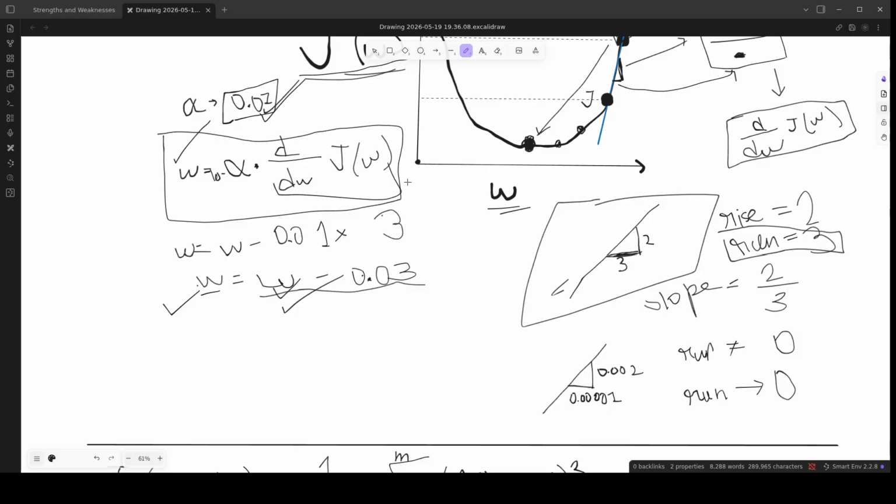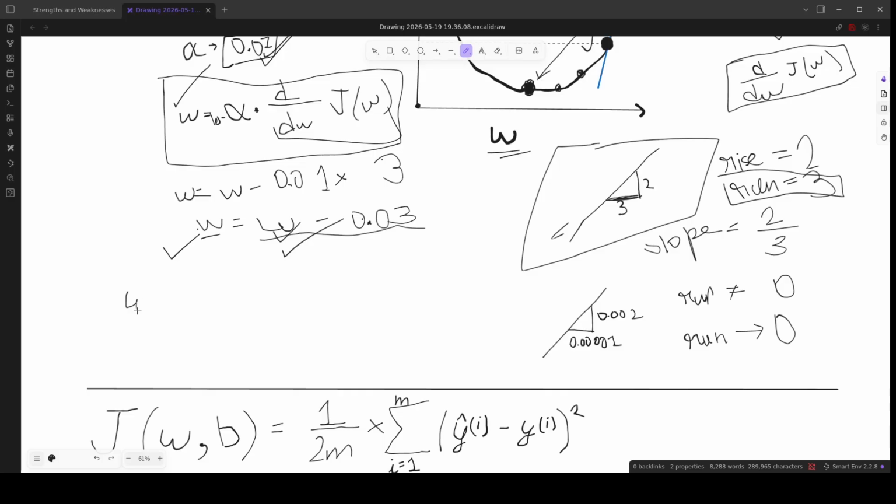When we have both W and B as the parameters, then the update simply becomes W is equal to W minus alpha times the derivative with respect to W of the cost function J of WB.